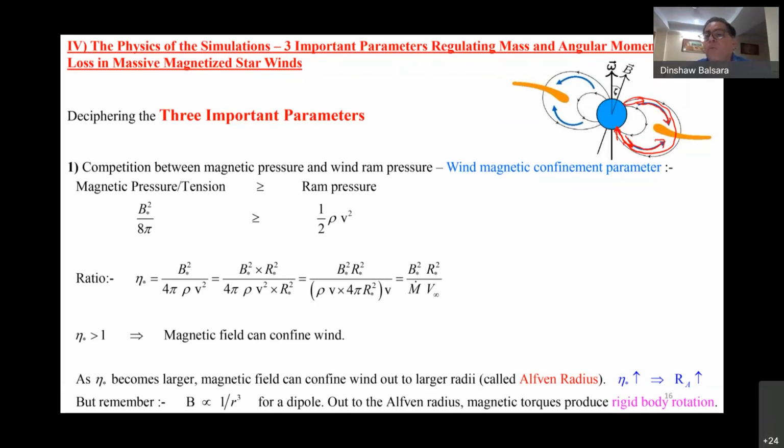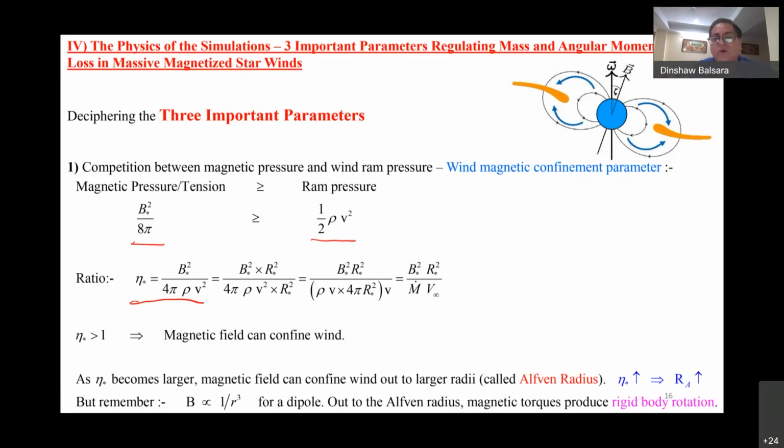So the question is, what are the conditions under which the magnetic field of the star could be so strong as to confine the wind and turn it around? The condition is that the magnetic pressure or the magnetic tension should be greater than the ram pressure in the wind. That lends itself to a scaling argument where we can make this magnetic wind confinement parameter, which is nothing but the ratio of the magnetic pressure to the ram pressure.